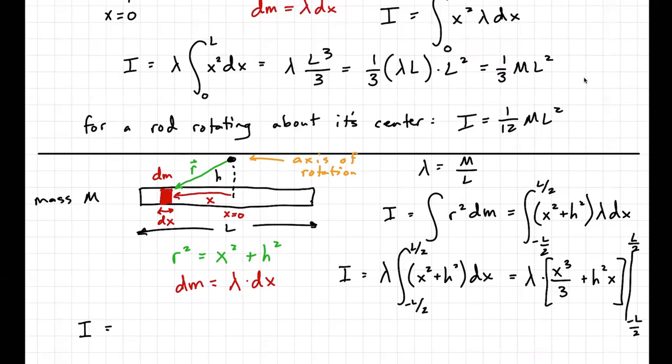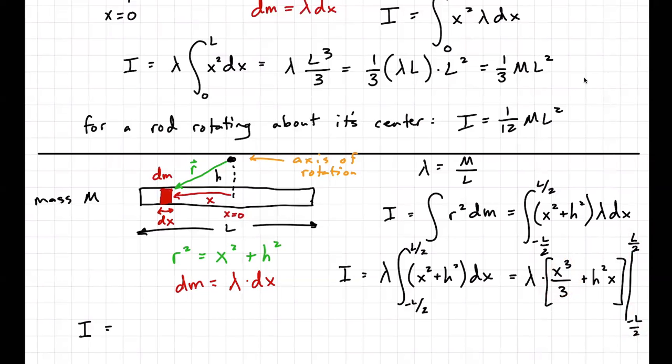If I take the first term first, so if I have x cubed over 3, I'm going to get the upper bound plugged in minus the lower bound plugged in. The lower bound is the same as the upper bound with a minus sign. The x cubed returns a minus sign on the lower bound. So I'm going to get the two terms actually being the same and adding to each other. You can check my work here if you want, but I'm going to write this down.